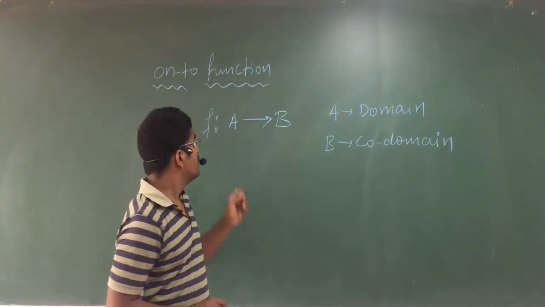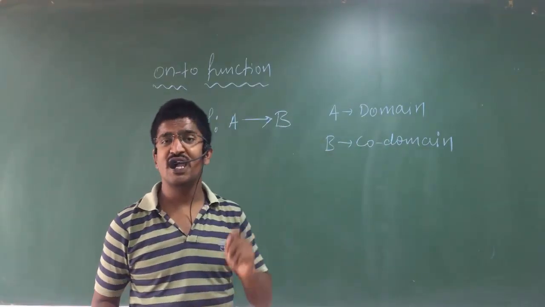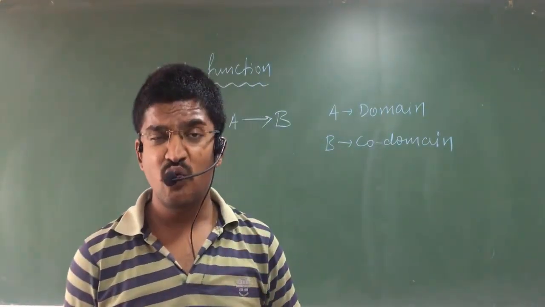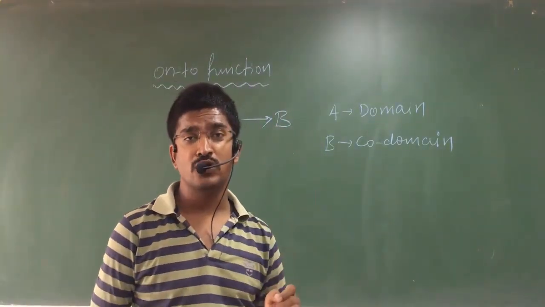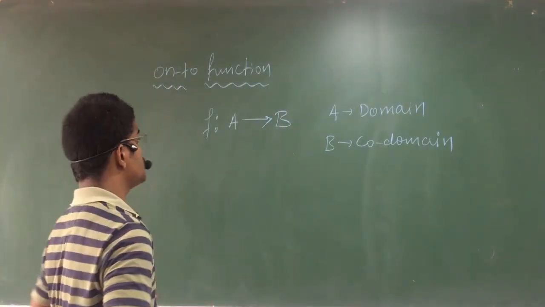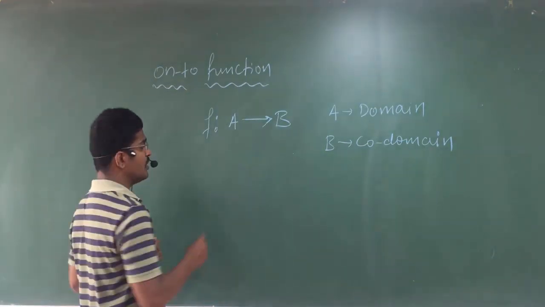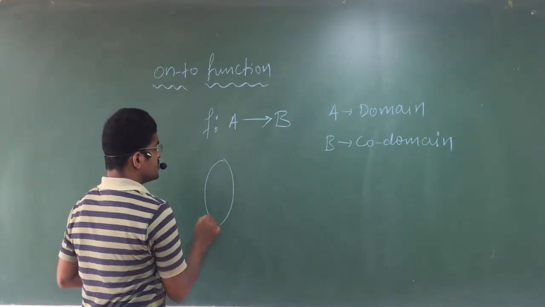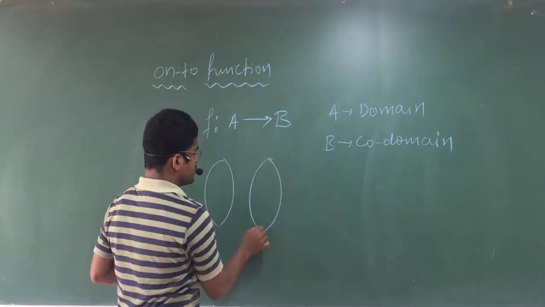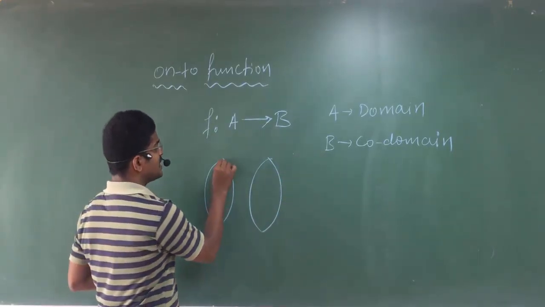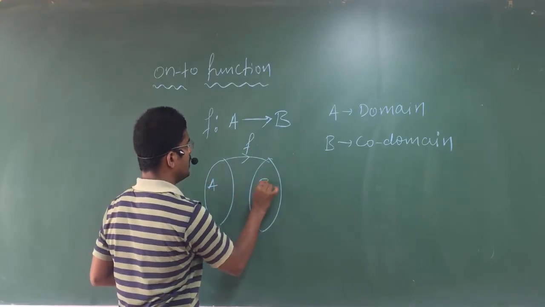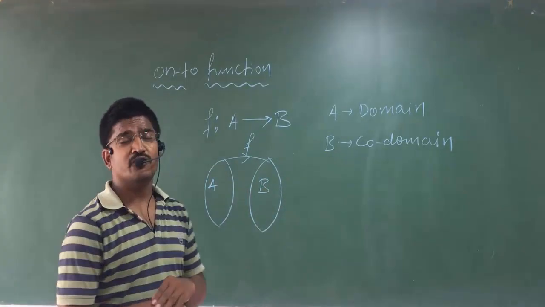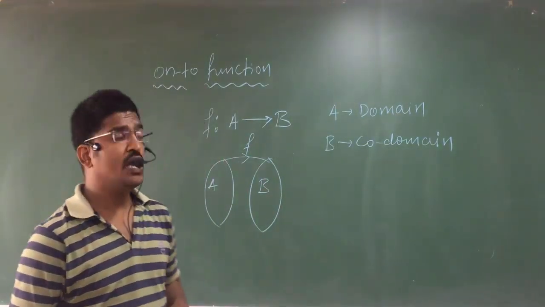A relation from A to B is already a function. Now we are checking whether that function is onto or not. So see here, if this is your domain set and this is your codomain set, let us define f from A to B.